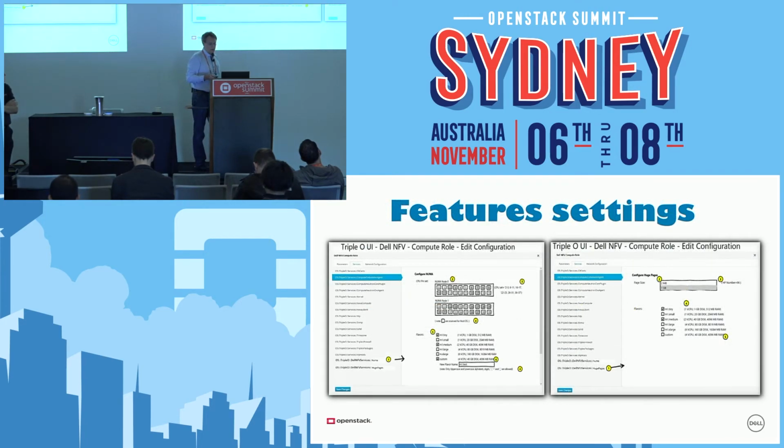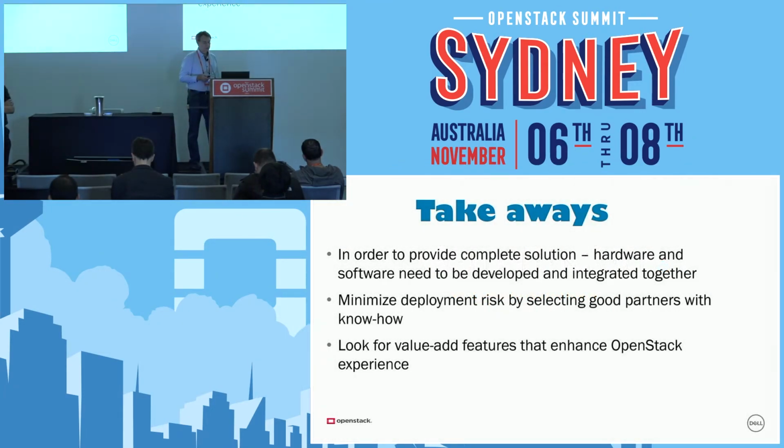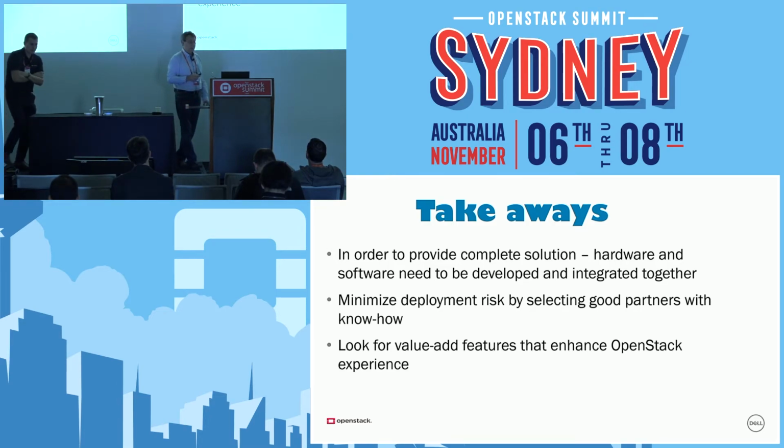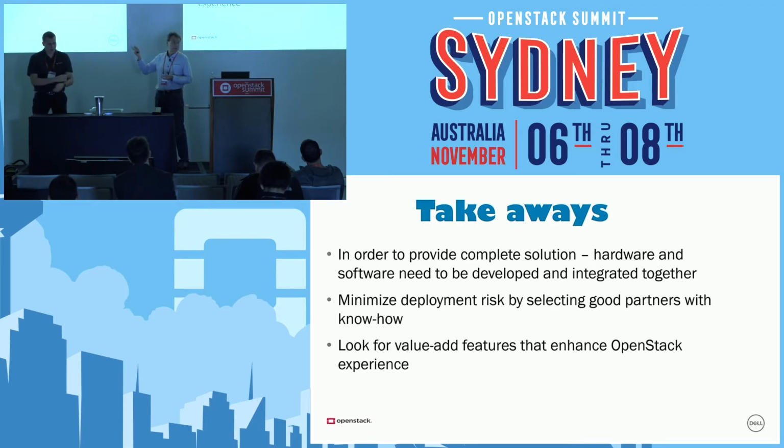So let me skip all of this, how the UOI is working, and jump to the conclusion slide. So in order to have your solution optimized for a specific workload, you need a couple of things. So first of all, you need a partnership with both hardware and software vendors, because you need to have the optimized configuration for hardware, kernel, and software to take advantage of that.